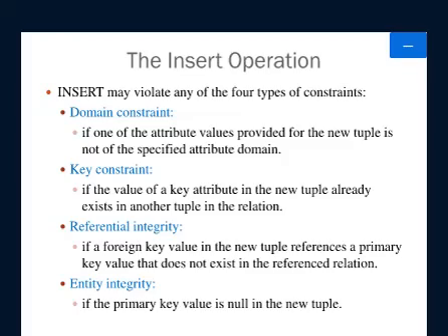When I enter a value into a child table attribute which does not exist in the parent table attribute, I am violating the referential integrity constraint. When I enter a null value into the attribute defined as a primary key, I am violating the entity integrity constraint. So remember that the insertion operation can violate all four schema-based constraints: domain constraint, key constraint, referential integrity constraint and entity integrity constraint.